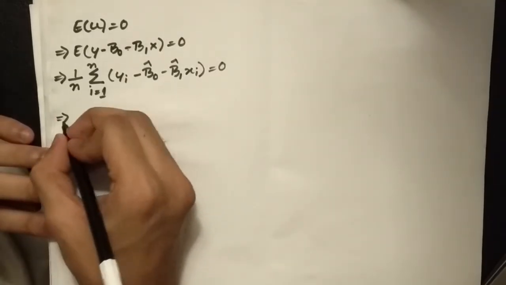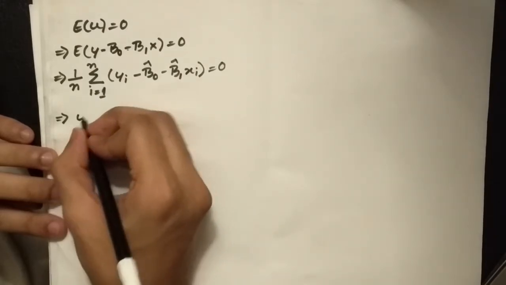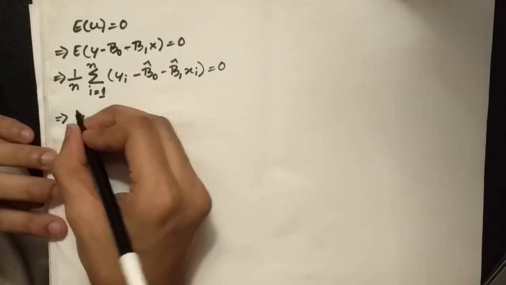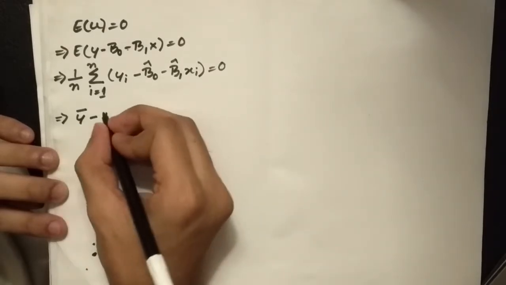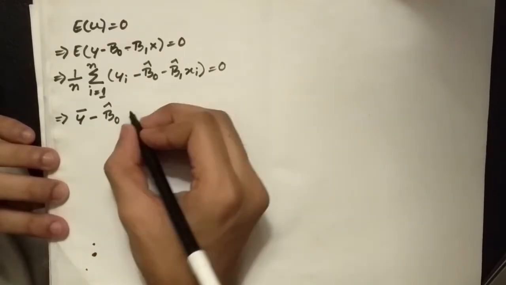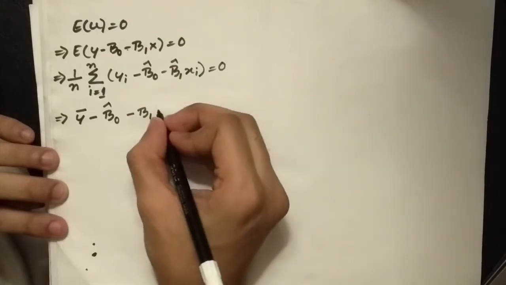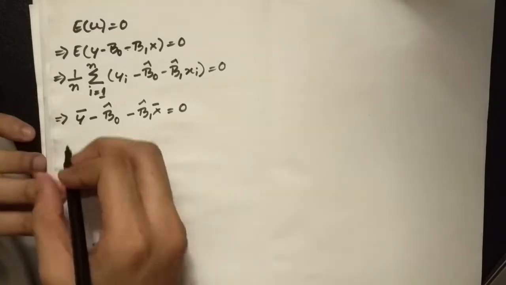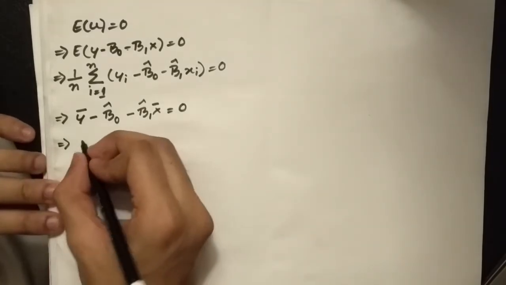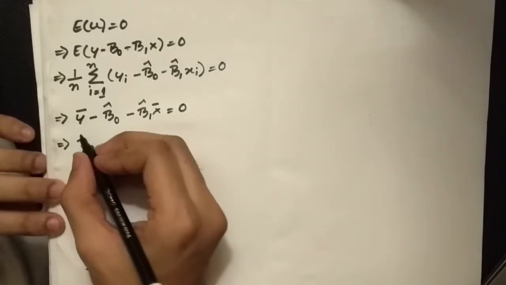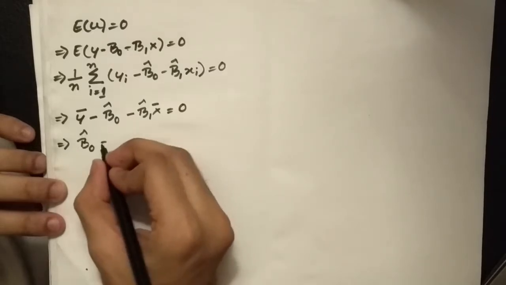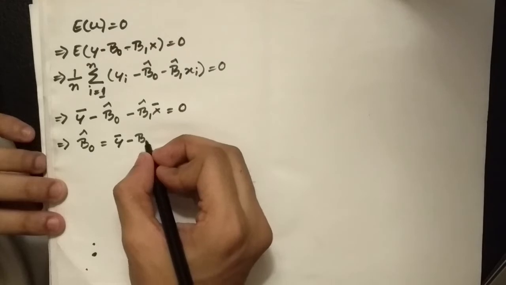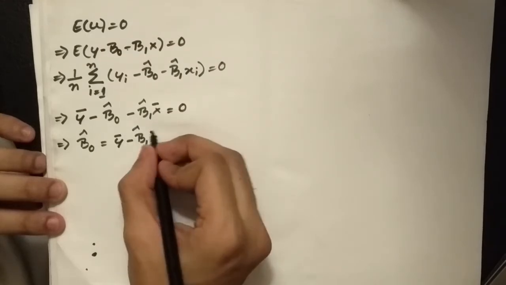Since this is 1 by n, we can write this as y bar minus beta naught hat minus beta 1 hat x bar. From this we get the value of beta naught hat, which equals y bar minus beta 1 hat x bar.